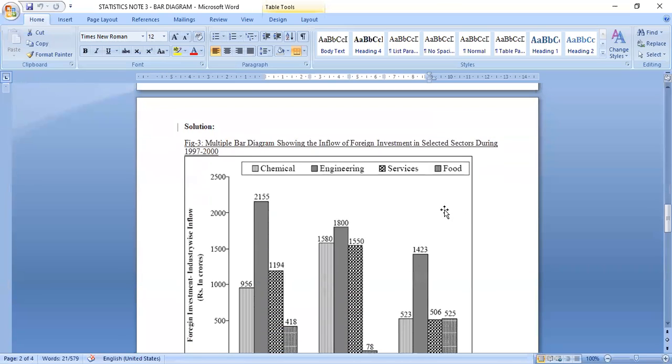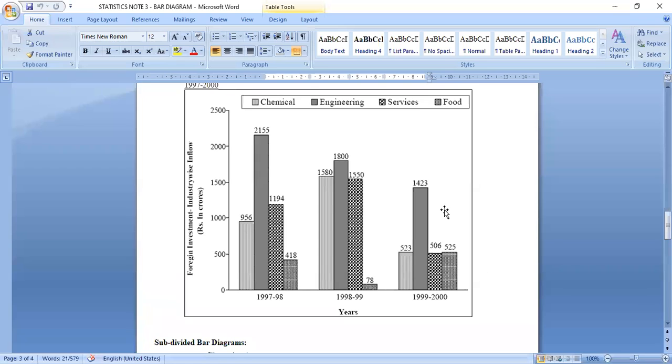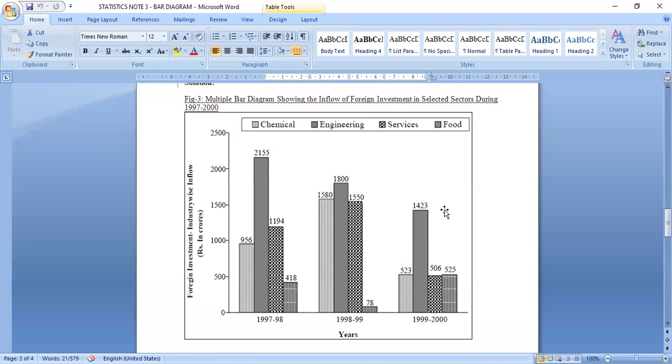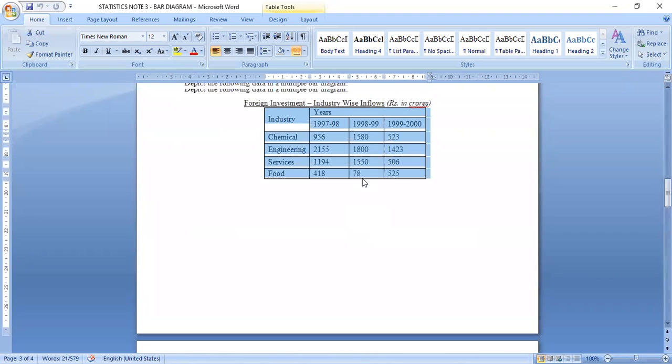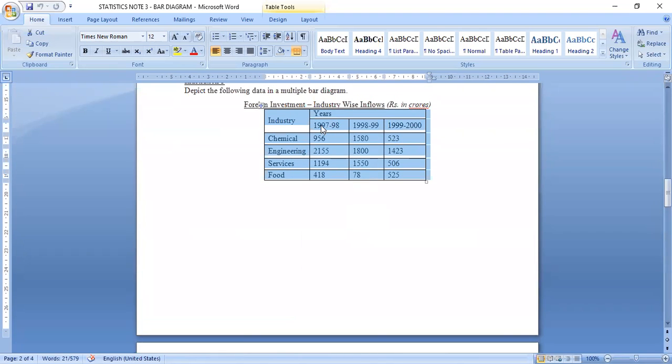See this concept. Chemical, year wise we have 3 parts. There are 3 years, 1997-98, 1998-99, 1999-2000, okay? And for each year you have 4 sub parts: chemical, engineering, service, food.